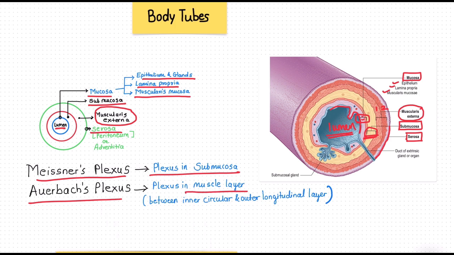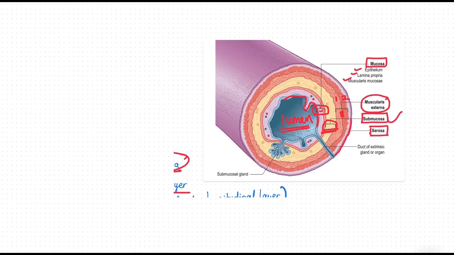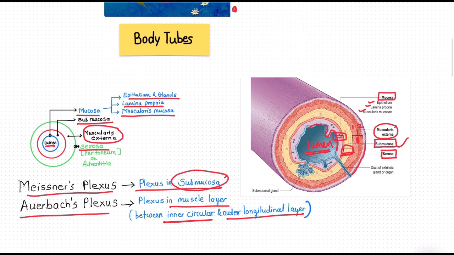Meissner's plexus is located in submucosa, here in submucosa, and the Auerbach's plexus is located in muscularis layer between the inner circular and outer longitudinal layer. So somewhere here these Auerbach's plexus are located. This is overview of the layers of body tubes.